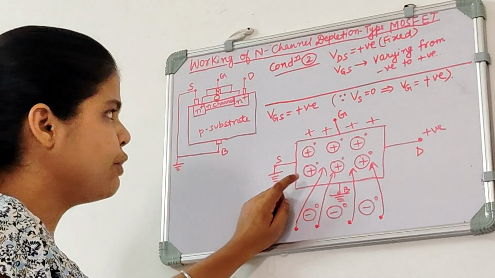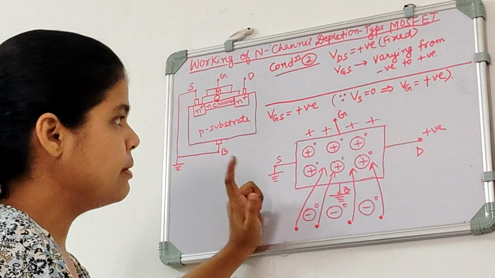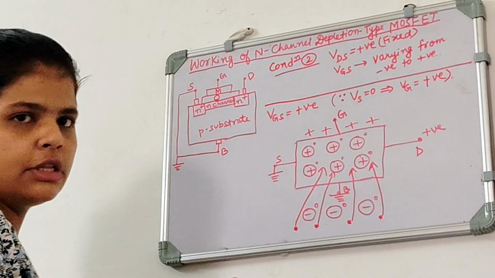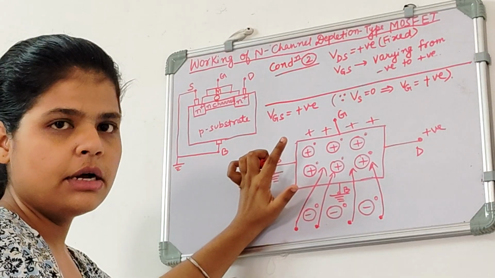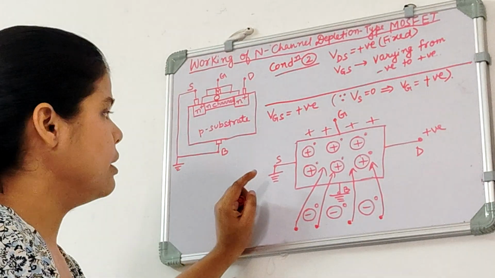So the number of electrons in the channel will increase because of this positive voltage, and if the number of electrons in the channel increases, then the channel gets wider and more current will pass.